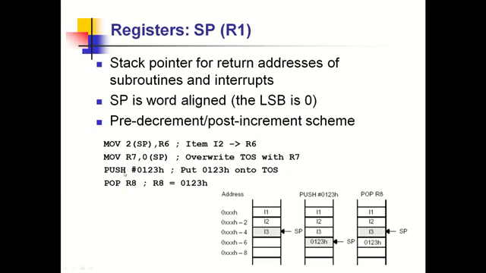You can also use the push and pop operations, so that it will push the contents on top of the stack, or pop the contents from the top of the stack into the R8 register. So the stack pointer is taken care of by the R1 register, which uses a pre-decrement and post-increment scheme.